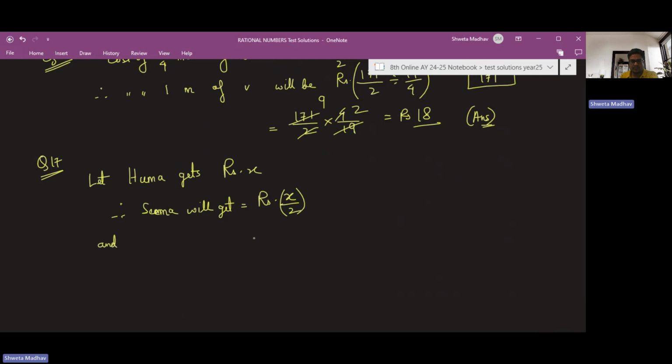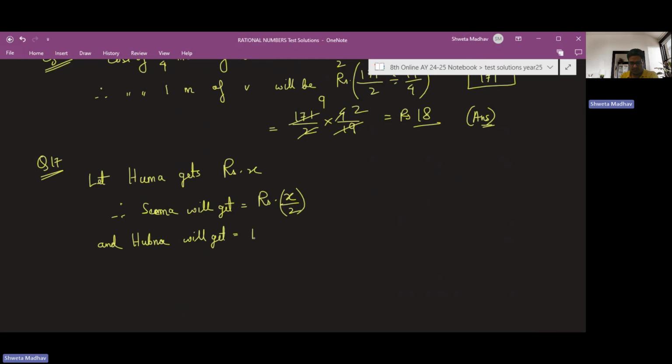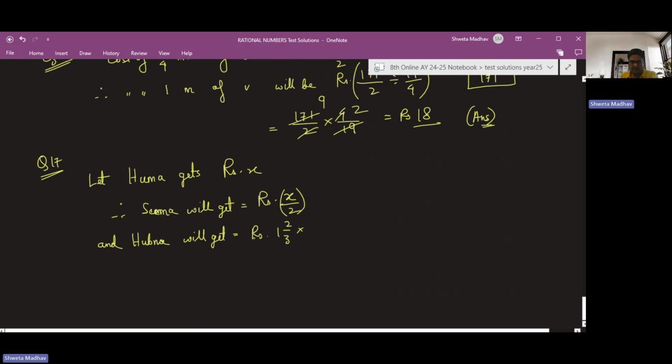And obviously Hubna will get rupees 1 2 by 3 times Seema's share, which is 1 2 by 3 times X by 2. So 1 whole 2 by 3 means rupees 5 by 3 times X by 2, which is equal to rupees 5X by 6.